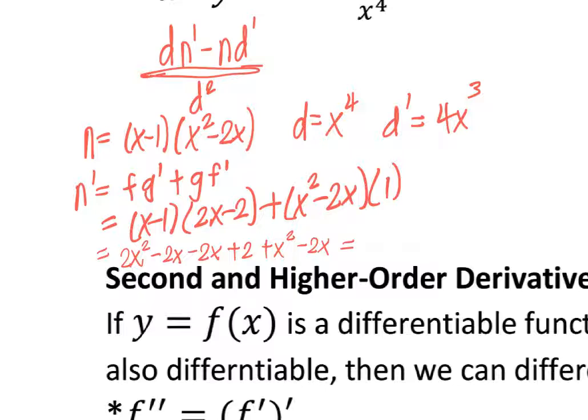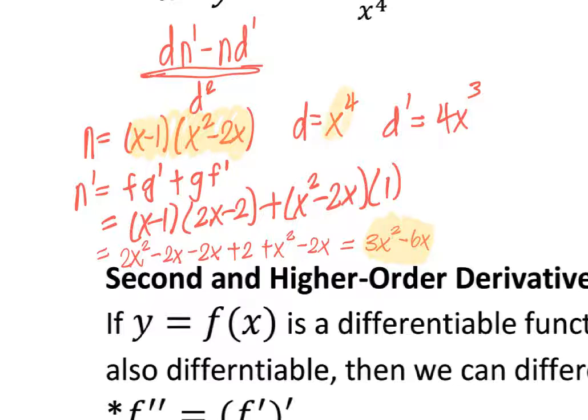And that actually simplifies further because there are like terms. There's an x squared and a 2x squared, so that's 3x squared. And there is, 1, 2, 3 negative 2x's, so that's negative 6x.